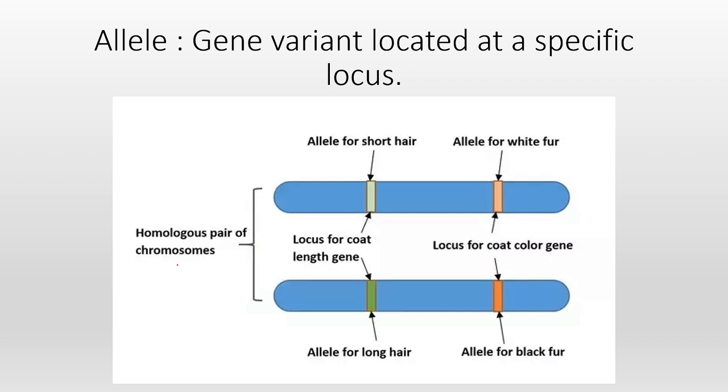As you can see here, this is a homologous pair of chromosomes, with one chromosome from the father's side and one from the mother's side.